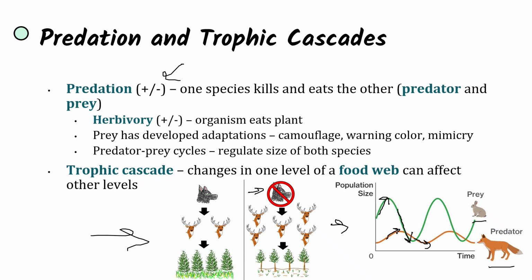There are no more wolves to keep the population of the primary consumers in check, and as a result, the primary consumers are going to continue to grow and eat, but what that's going to do is decimate the producer population, and so eventually the primary consumers will also run out of food. So changes in one level of the food web can definitely affect other levels, and this ties in a lot to predation.